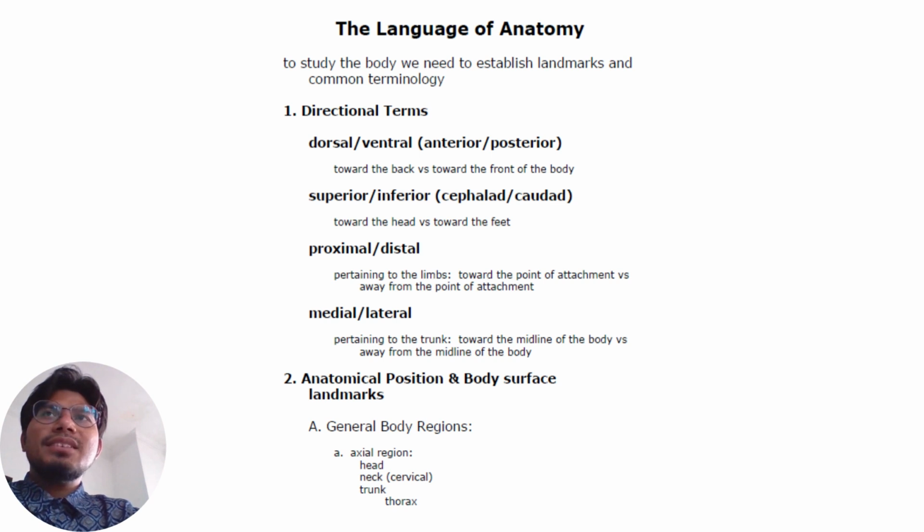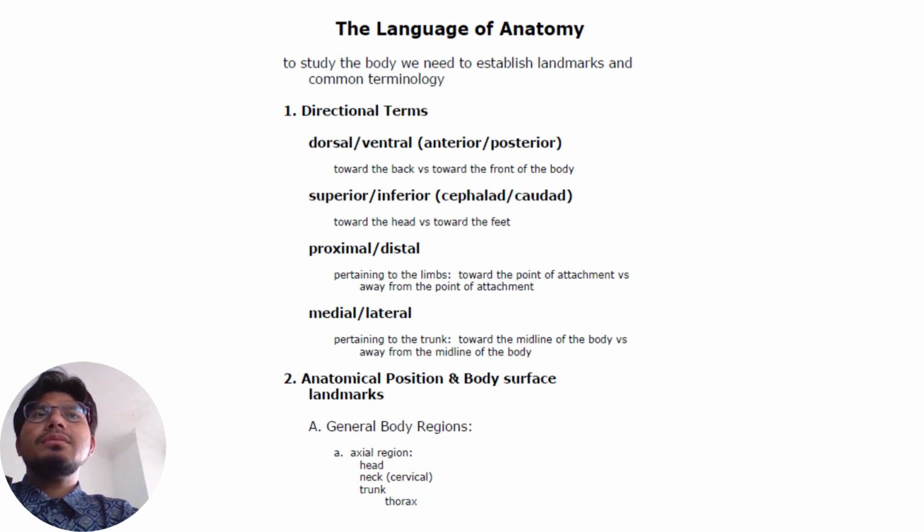The second category of anatomy language is in terms of anatomical structure, position, and body surface. It can be divided into two. The first one is a general body region that is further divided into two, axial region and also appendicular region. The axial region includes, for example, head, neck, cervical, trunk, thorax, and also abdomen.